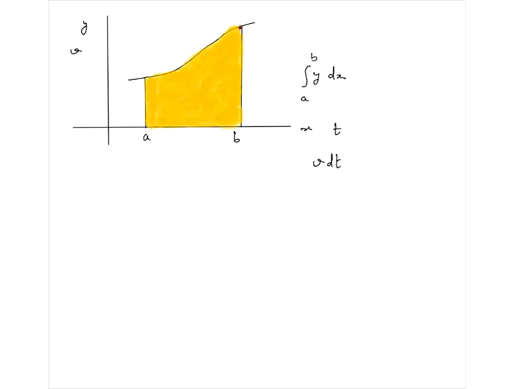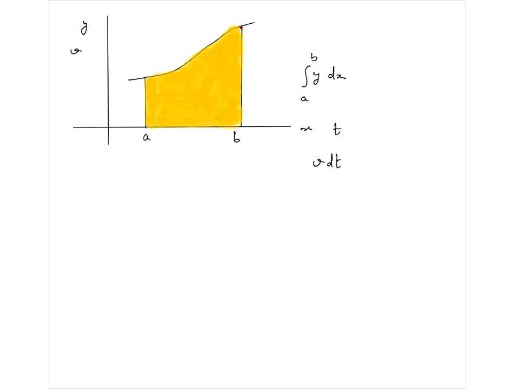So in case of y, you have v, in case of x, you have t. You plot v versus t. Now that graph may change depending on case-to-case basis.